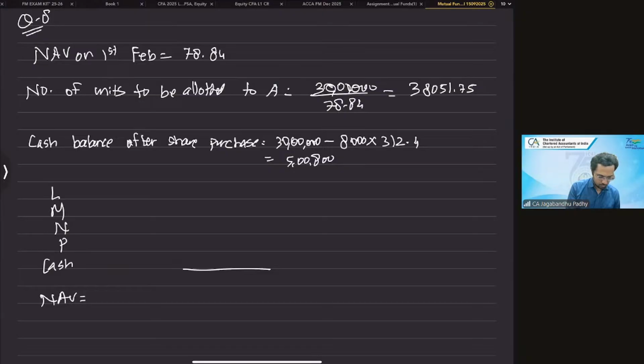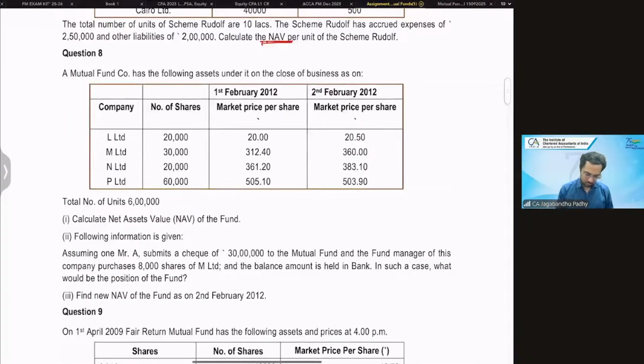Sir, could you please explain on the point number 2, what we have to do, sir? Now, the existing fund we have, each number of shares we have. A is giving the check to the mutual fund company, right? A didn't purchase. The fund manager purchased.